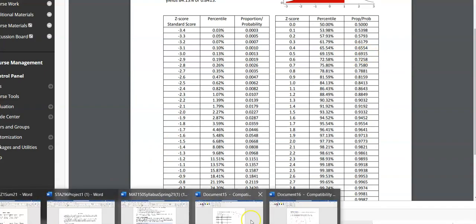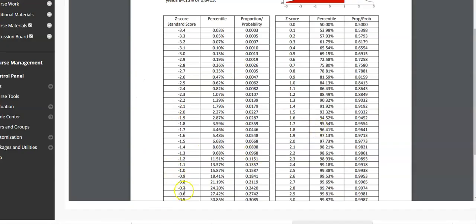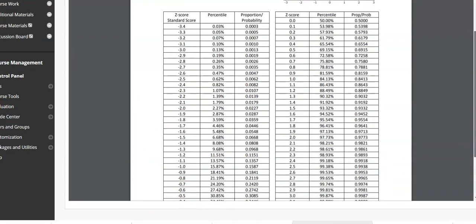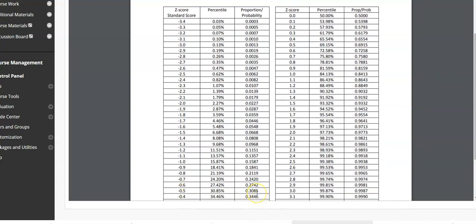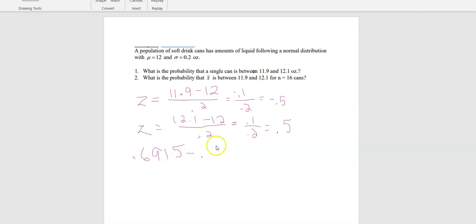All right, so I'm going to write that down, 0.6915. And then negative 0.5, let's go back. Negative 0.5 is right down here at the bottom. Let me move it so we can fully see it. Is 0.3085. And if we do that subtraction, that probability is 0.383.